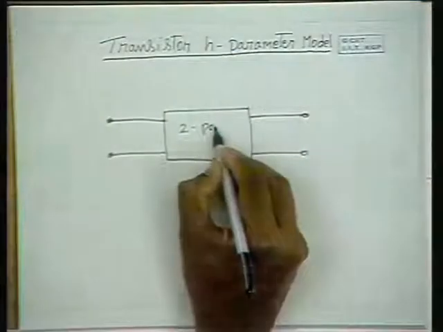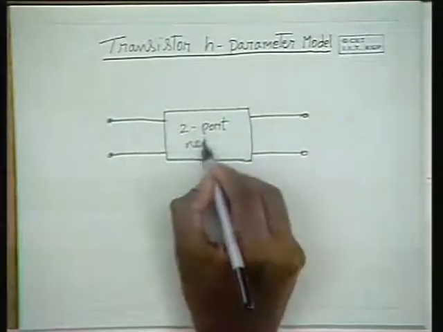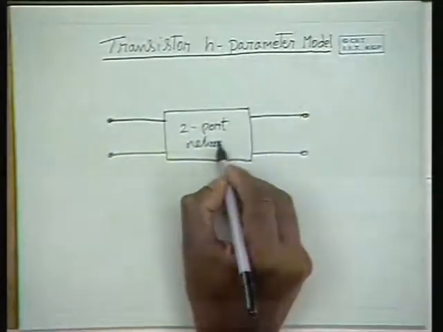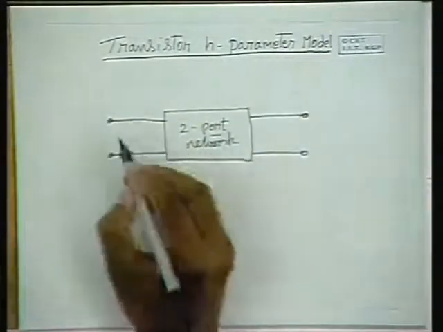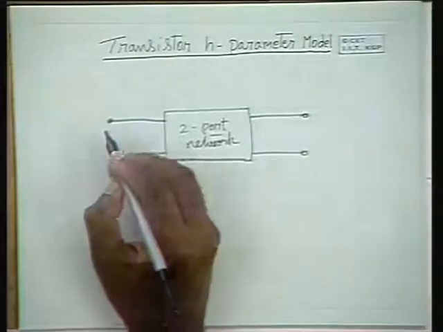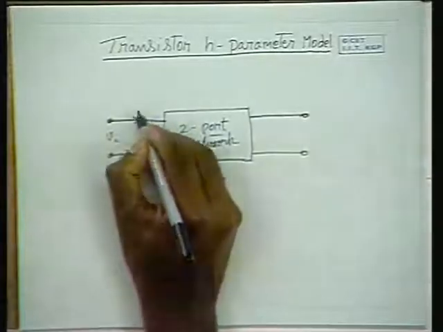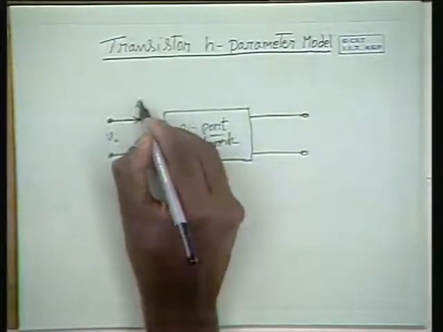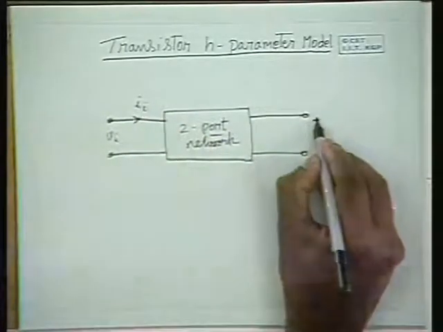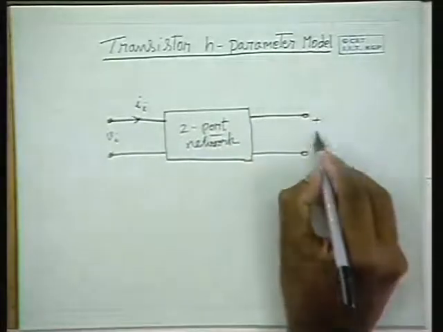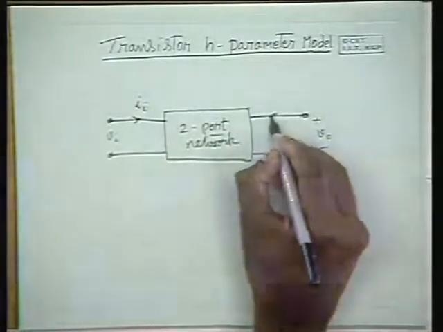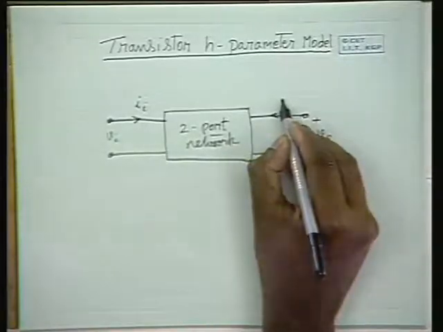A transistor is a two-port network, as shown here, with some input voltage here given as Vi and input current given as Ii, and output voltage V0 and output current as I0.